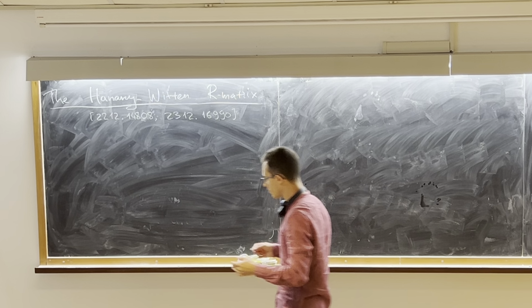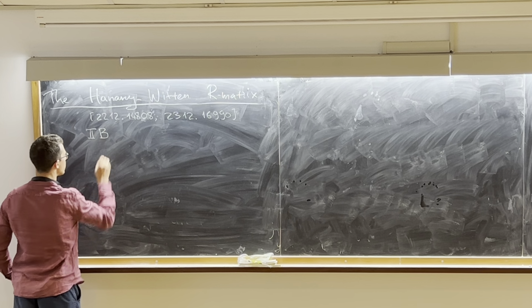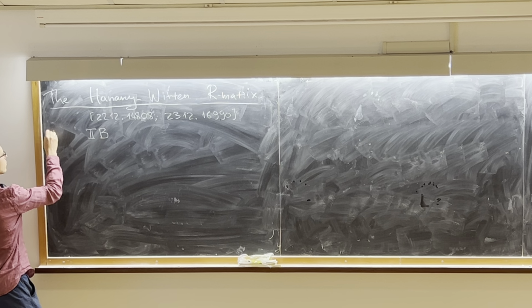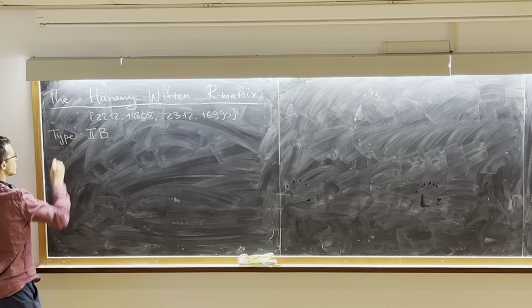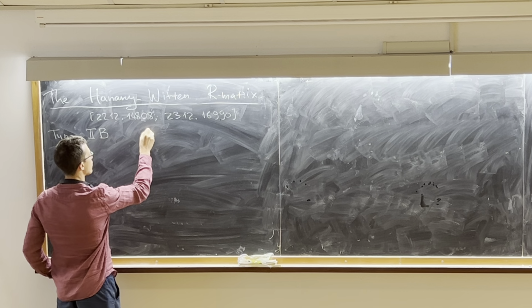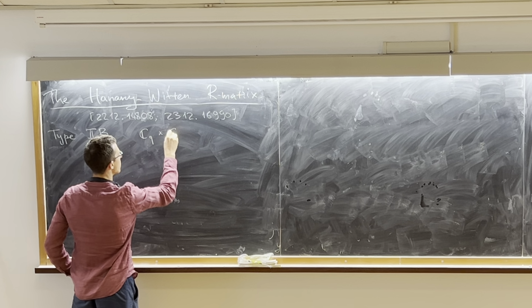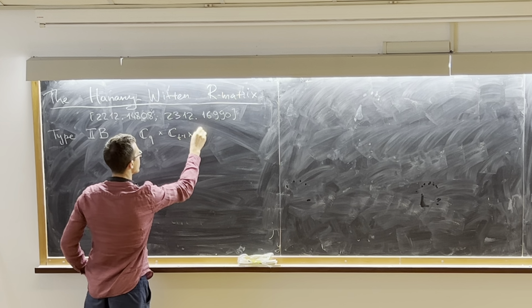So I start with the branes of type 2B string theory. I'm going to consider a type 2B background. The 10 dimensions of the setup I'm going to put in a table like this.